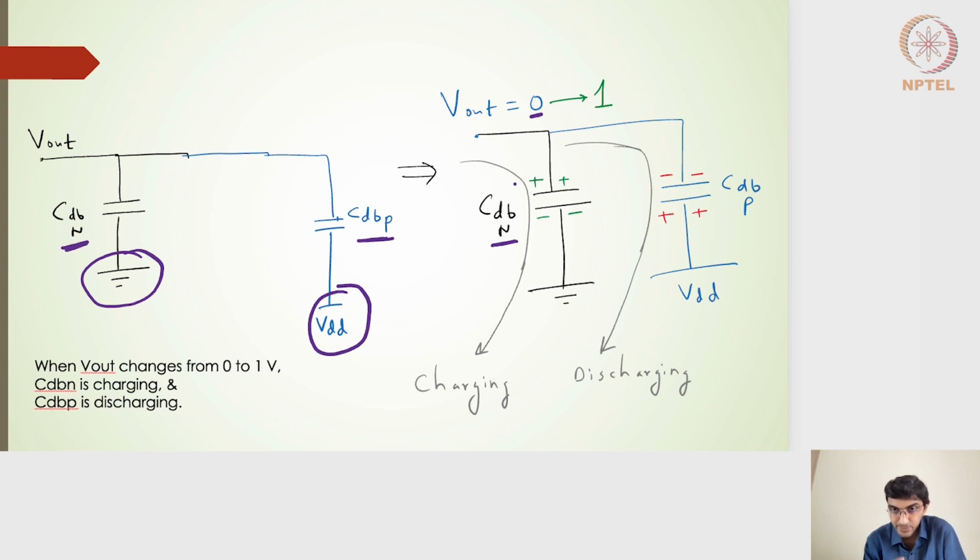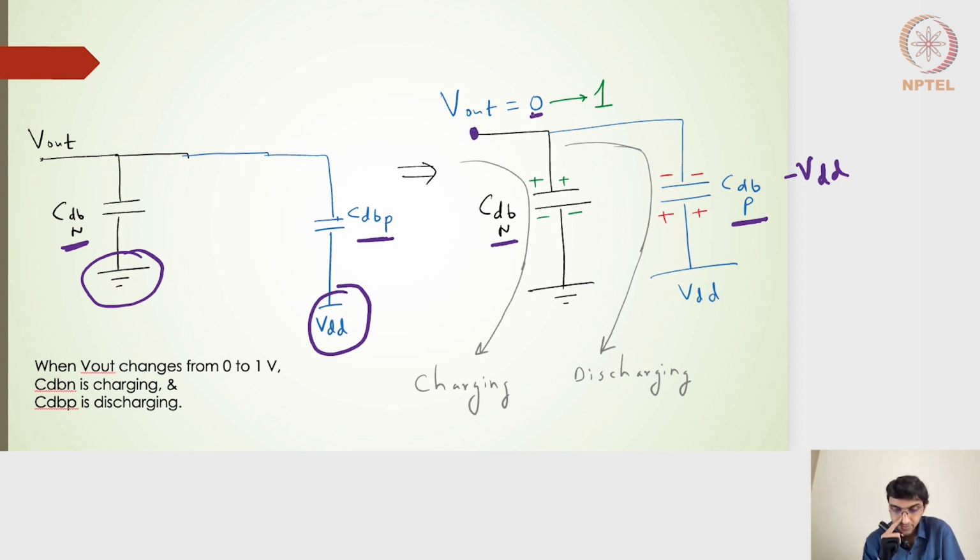The charge for that capacitance is 0, so the voltage is 0. Whereas for the CDB of the PMOS, the output voltage is 0, and on the other terminal it is VDD, so it is completely charged, to a value of minus VDD. If I take a KVL, this Vout value turns out to be 0.